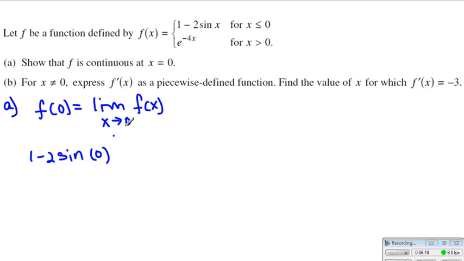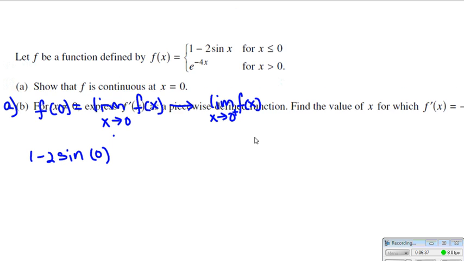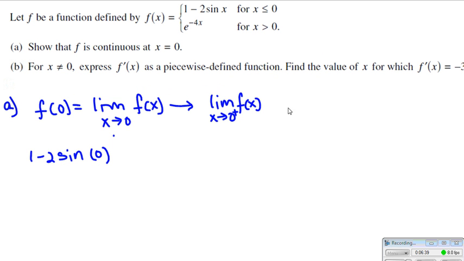But in order for us to evaluate this, we have to look at the limit of the function as x approaches 0 from the right, which has to be equal to the limit of the same function as x approaches 0 from the left.